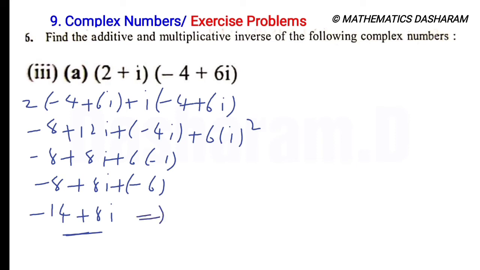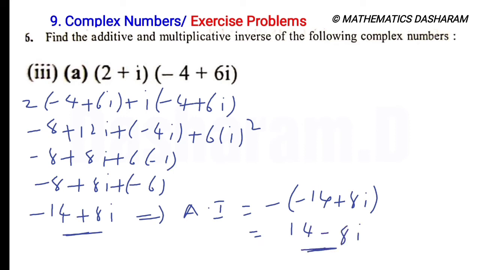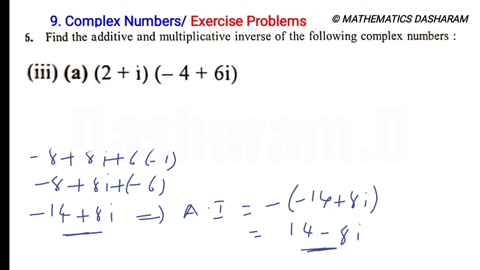So then its additive inverse will be minus of (minus 14 plus 8i), so plus 14 minus 8i. Now the multiplicative inverse is equal to 1 divided by (minus 14 plus 8i).